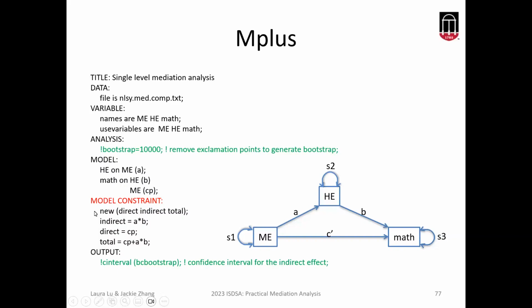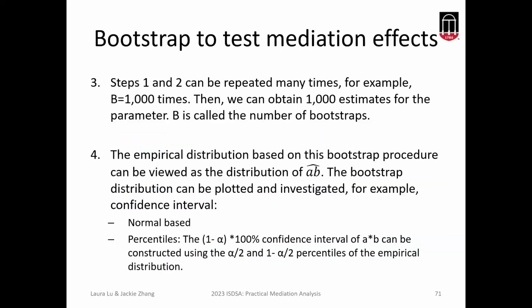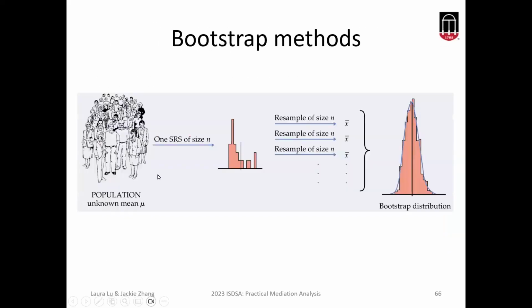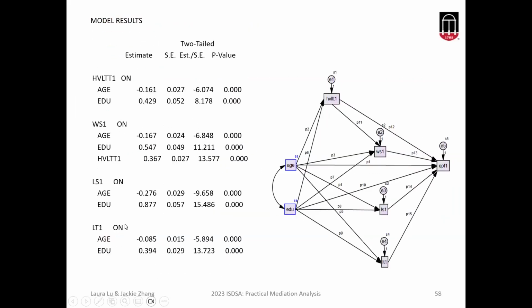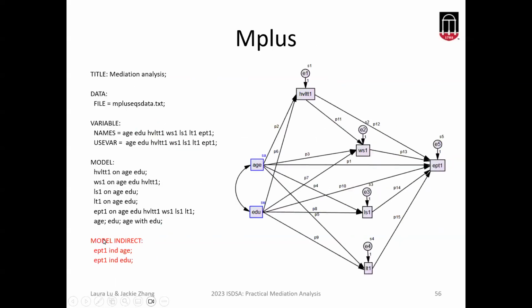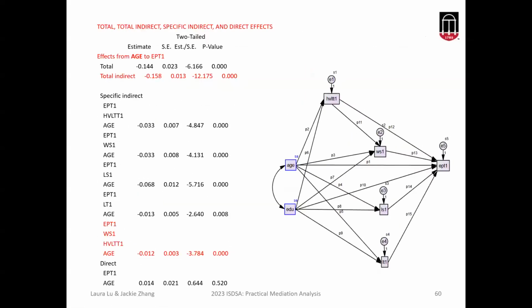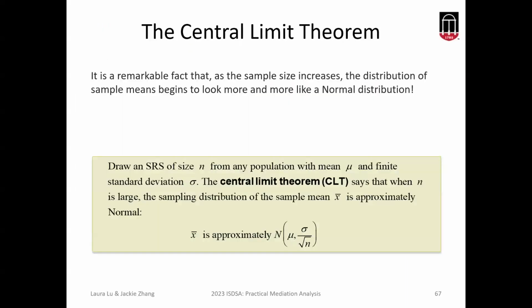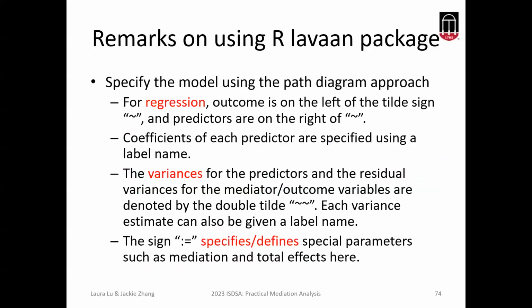In the previous example, we used model indirect. This is one way to get the mediation effect. We can also use another statement, which is described here.